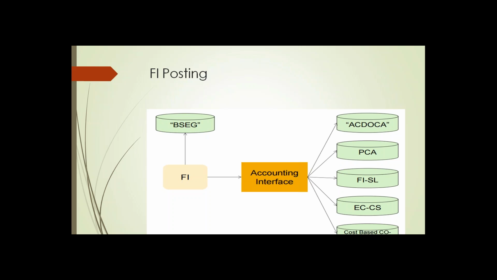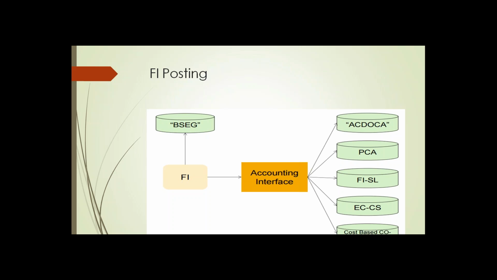But let me explain this. Whenever you pass any allocation or distribution entries directly into controlling, in order to reconcile this with your financials, there is a reverse posting, right? I need this reverse posting because I want to reconcile my FI balances and CO balances.